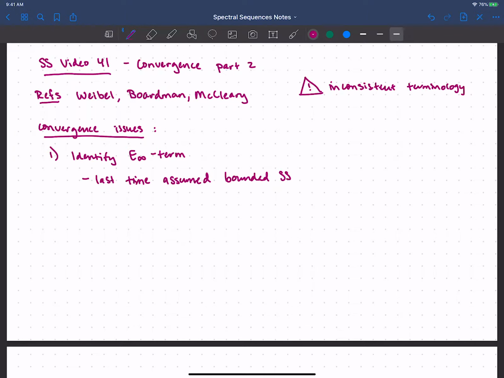I think we looked at homology and cohomology spectral sequences, but let me just say bounded, and we'll work cohomologically for now. So that meant that at each pq, the thing stabilizes at some finite stage.